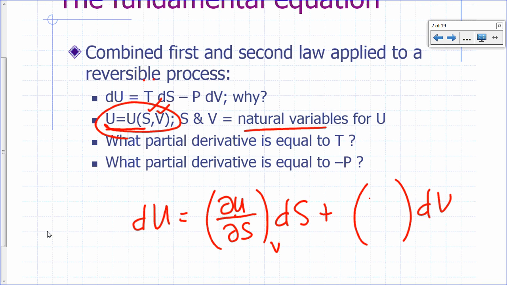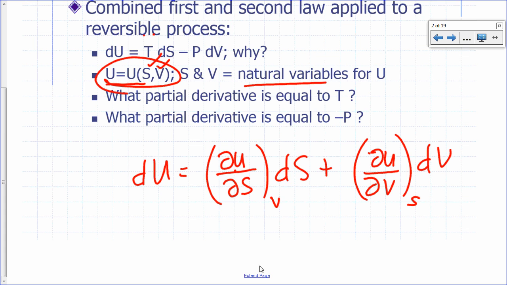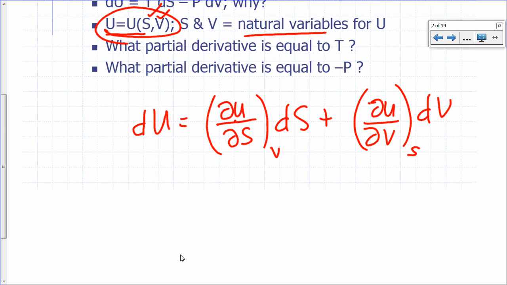What partial derivative goes in the second? Partial of U with respect to V, holding S constant. That's true in general if U is a function of S and V. Okay, so we compare that with dU equals T dS minus P dV.